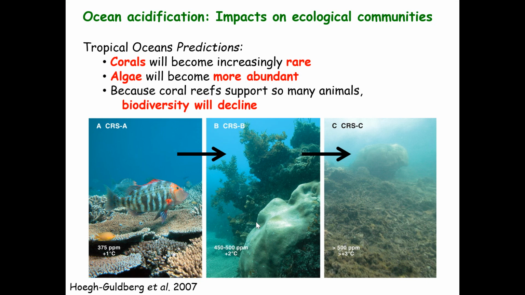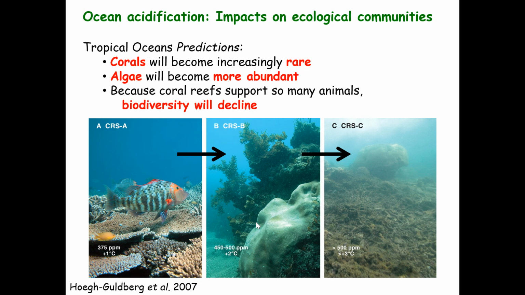As coral is less able to reproduce and grow, and algae becomes more prominent, you have less biodiversity because you just have algae. And algae again causes issues with photosynthesis.